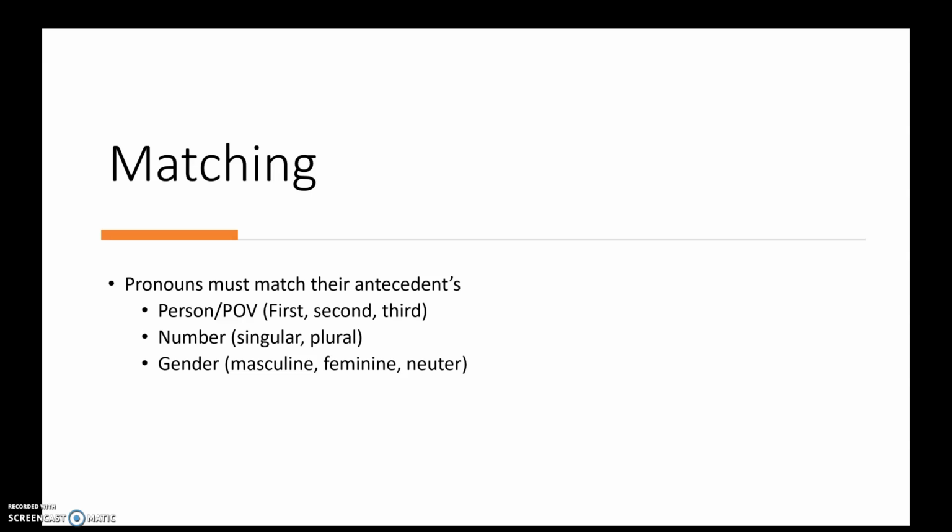The only thing that's new is gender. And I say masculine, feminine, and neuter. A lot of languages have a neuter. English doesn't really. English actually really only has masculine and feminine, and even then it's only in a few cases. Pronouns are really one of the few places where we still use gender.